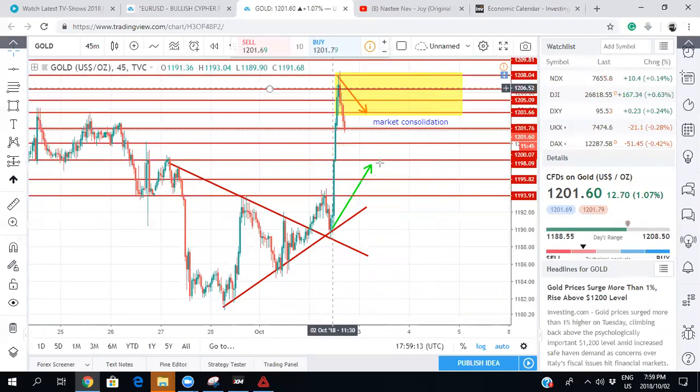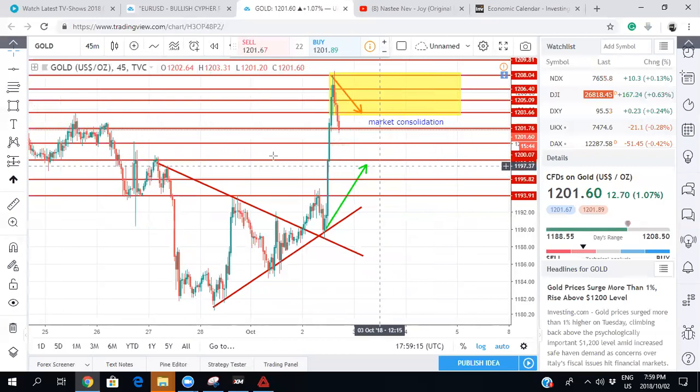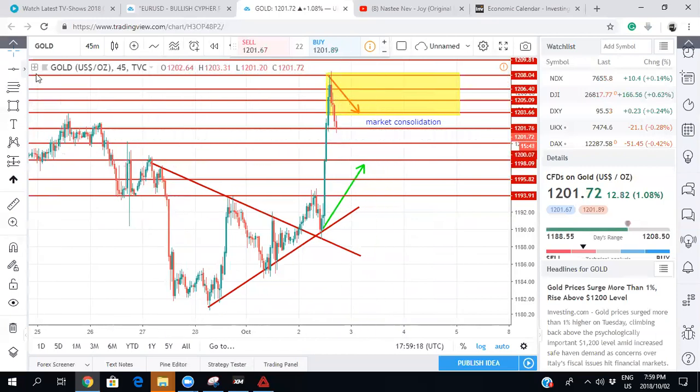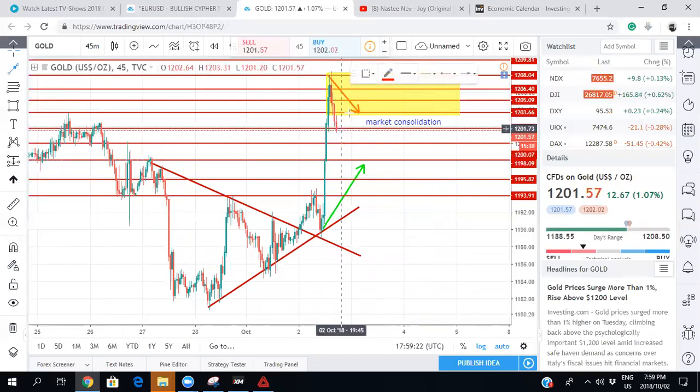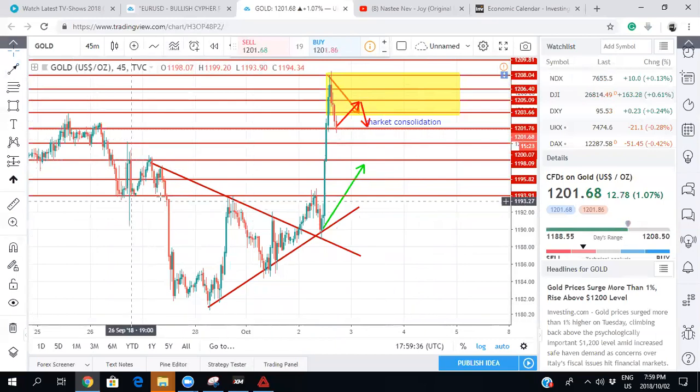However, it's still falling down, meaning it can somehow turn from that resistance level, going back up and then coming down again, just consolidating around the same area before another breakout. So we will see what will happen there.